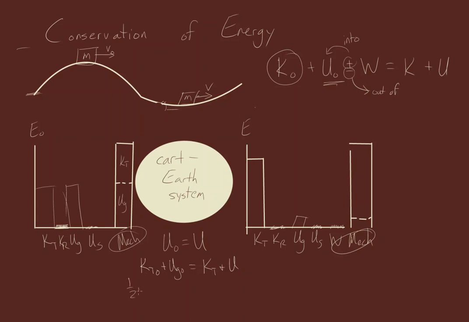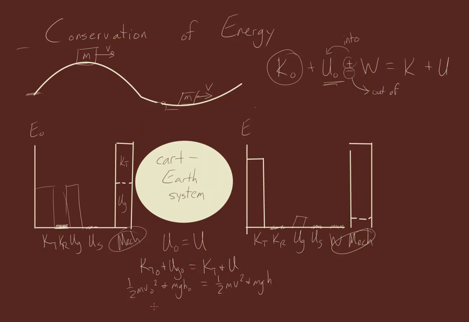So 1/2 m v naught squared plus m g h naught is equal to 1/2 m v squared plus m g h, or y, whatever you want to use. If this was a free response, I would stick with whatever variables they give you.